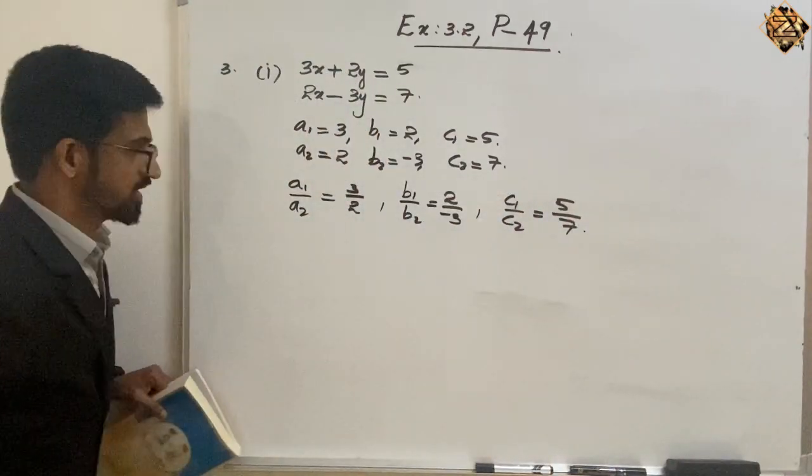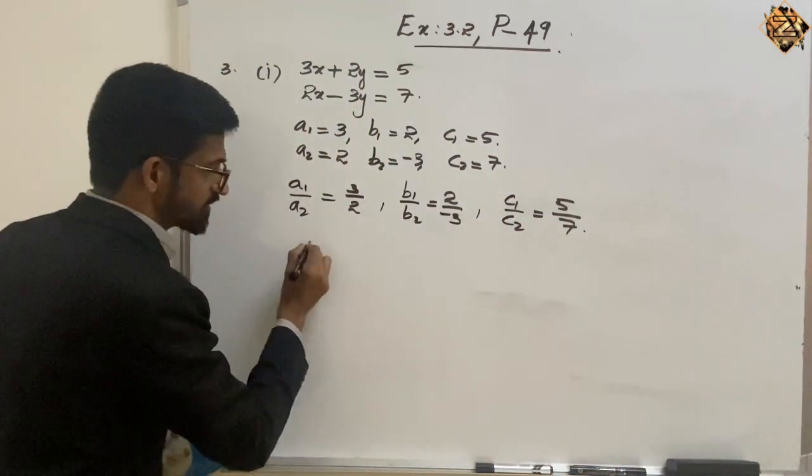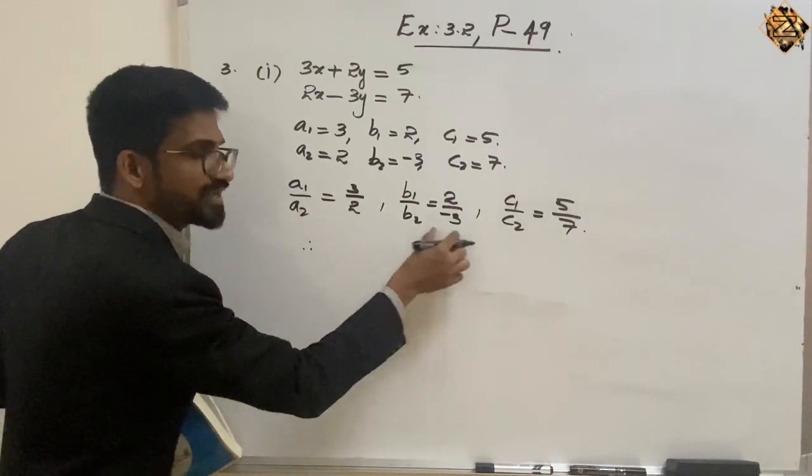So from here we can understand that A1 by A2 is not equal to B1 by B2.